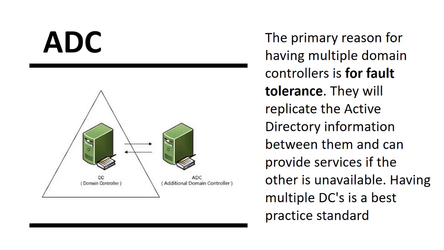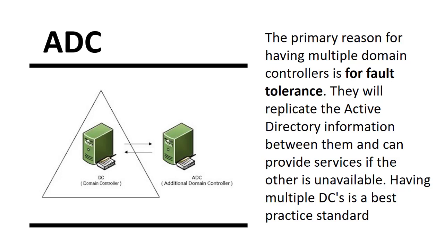Basically ADC is nothing but a replica or copy of the domain controller. The primary reason for having multiple domain controllers is fault tolerance. For example, if our primary domain controller is down, I will serve my users with the help of the ADC.